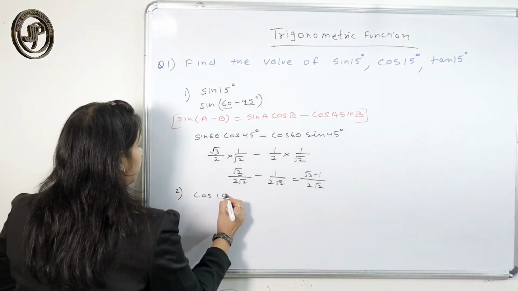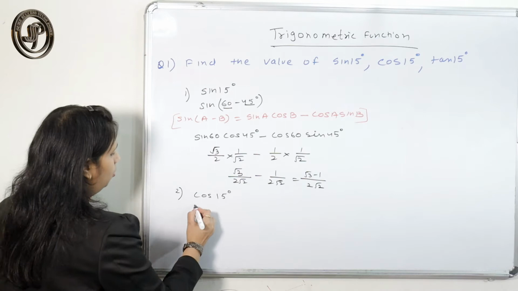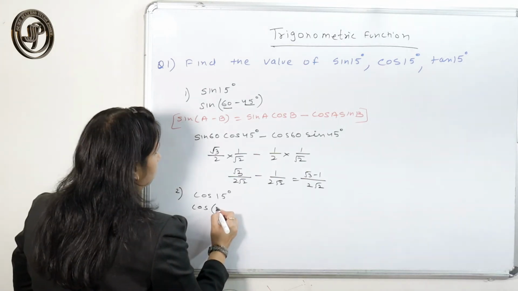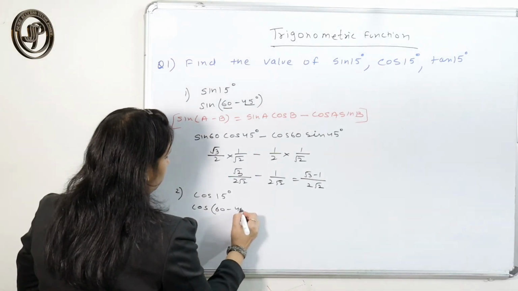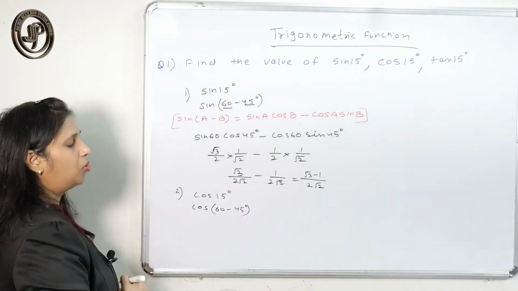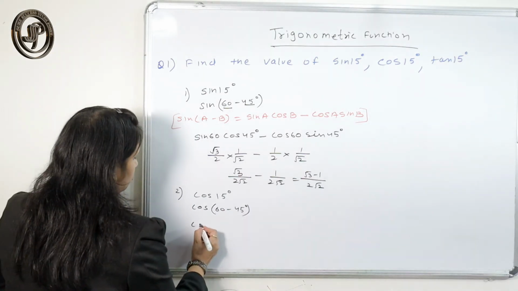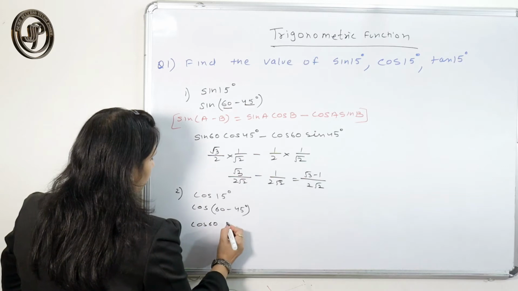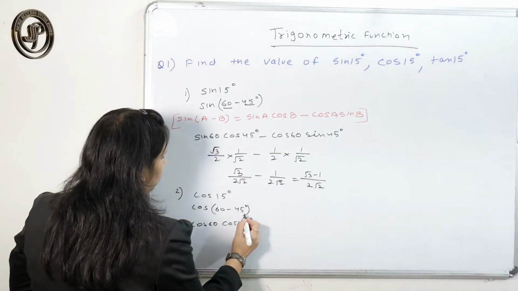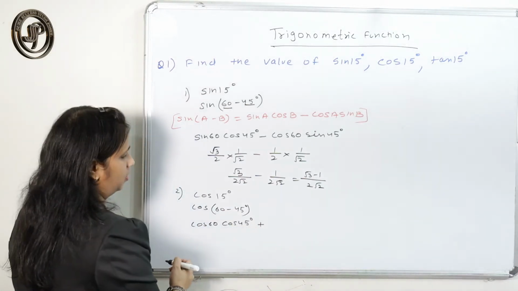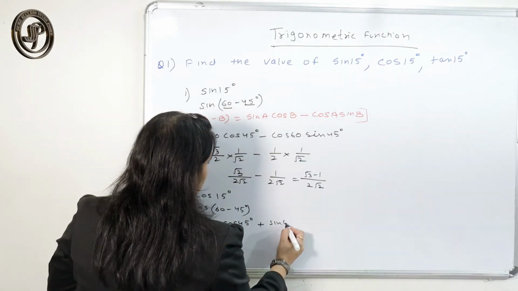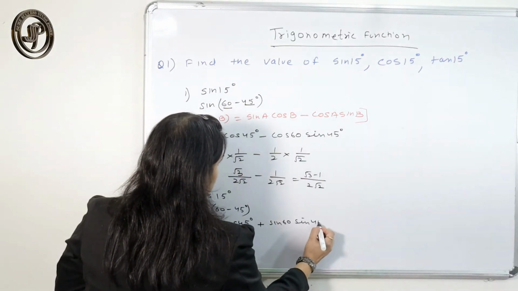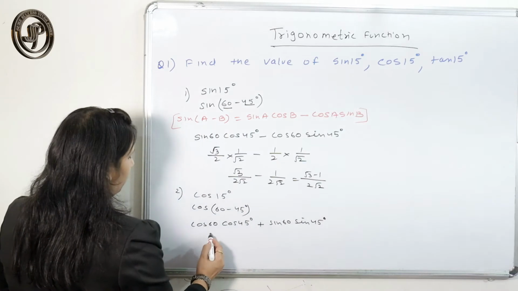Similarly, you can find the value of cos 15 degree also. You can write cos of 60 minus 45. Now just apply the formula of cos A minus B. It is cos A cos B, and in cos, if it is negative, then a positive sign comes, sin A sin B. Now substitute the values.